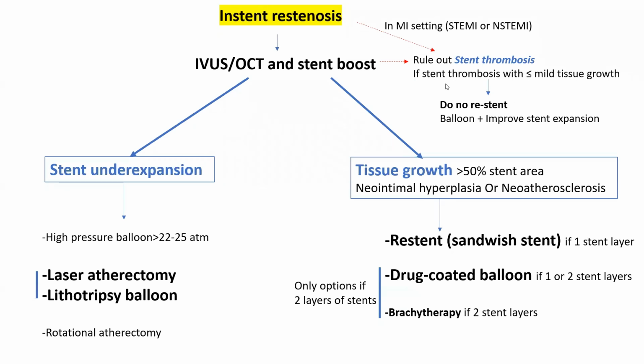If you have a stent thrombosis with less than mild tissue growth, meaning you have stent thrombosis and the tissue growth is less than 50% of the stent area, do not restent. Just balloon plus or minus thrombectomy and try to improve stent expansion with higher pressure and maybe even with laser atherectomy, which works also well for thrombus.